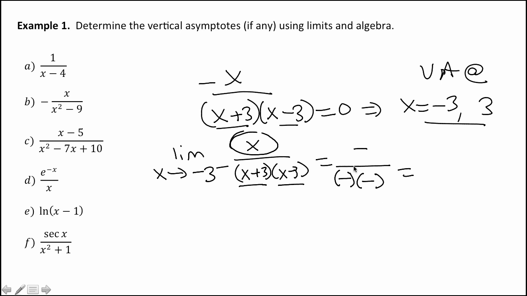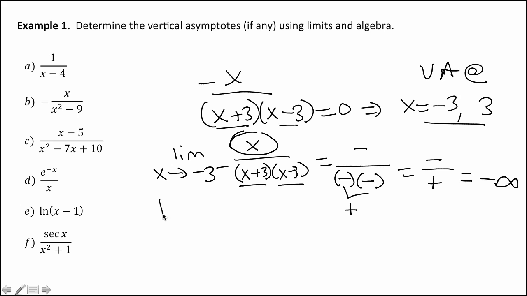We don't actually need a number for the limit. We just want to determine what the sign is going to be at the very end. Negative times negative here is going to be positive. So that leaves us with negative over positive, and negative divided by positive is negative. So we know that this limit is going to be negative infinity. And that's all you really need to know, what the sign is. You don't actually need to know what the number is.